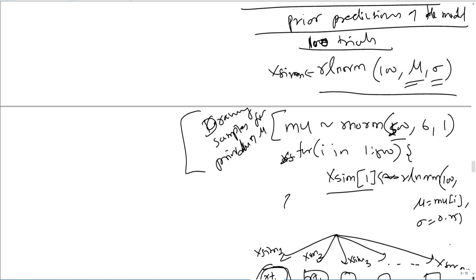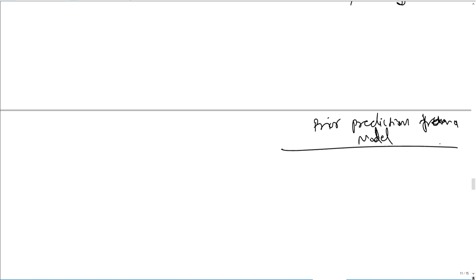So, let me describe the whole process of generating prior predictions step by step, okay. Maybe it was not very clear algorithmically. So, suppose this is your likelihood assumption, that the ith observation comes from this data generative function f of x theta.